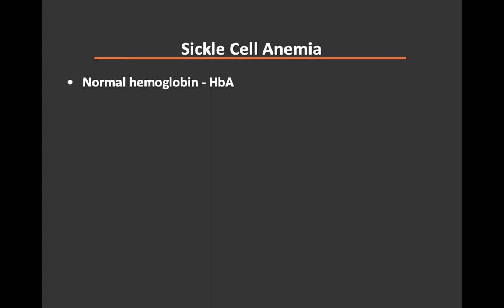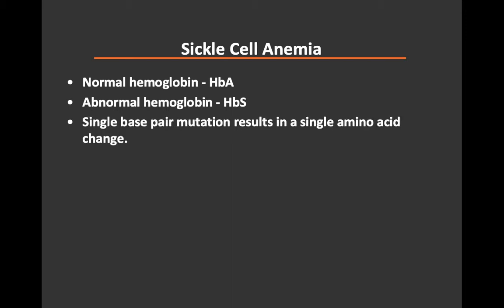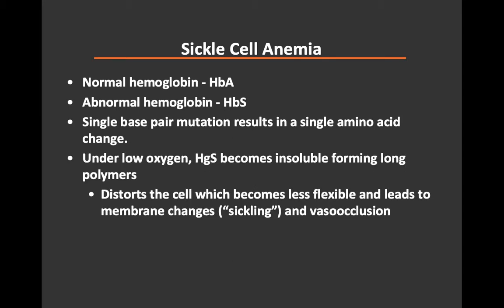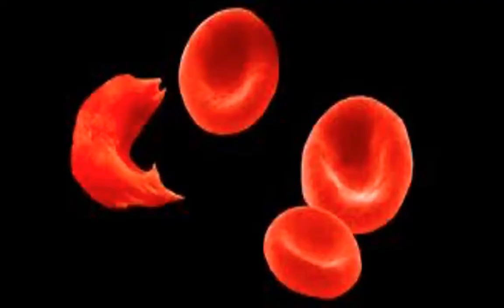So sickle cell anemia has normal hemoglobin A, but abnormal hemoglobin B, so we call this hemoglobin S. And this is that single base mutation that changes the one amino acid. And so with hemoglobin S, I can't pick up as much oxygen. I have a distorted, less flexible shape. And there's a much nicer looking picture of a sickled red blood cell.